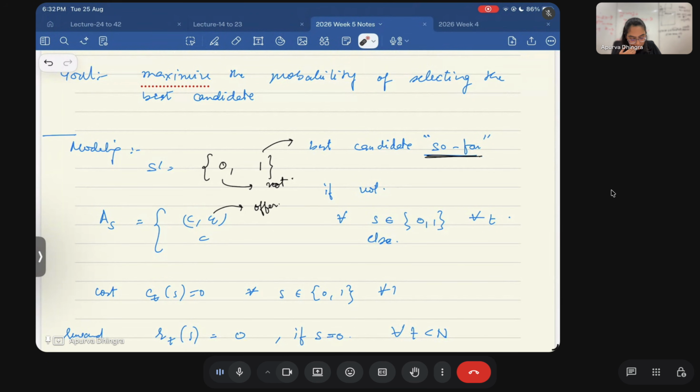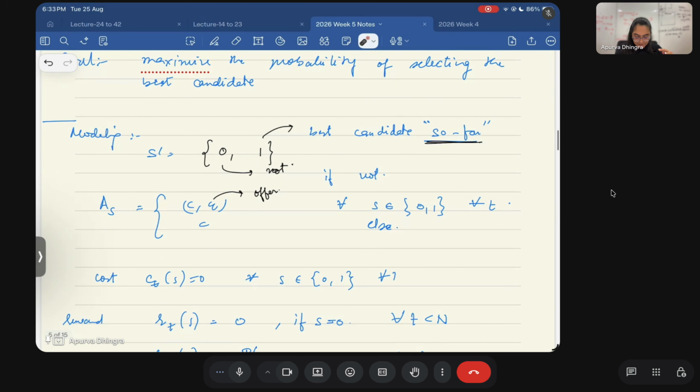Okay, and these actions are available for all the states. Else means if you've already given an offer, then there is nothing else to do. You can interview the other candidates, but you cannot give offers anymore, or you can just stop the interview process and be done with it.